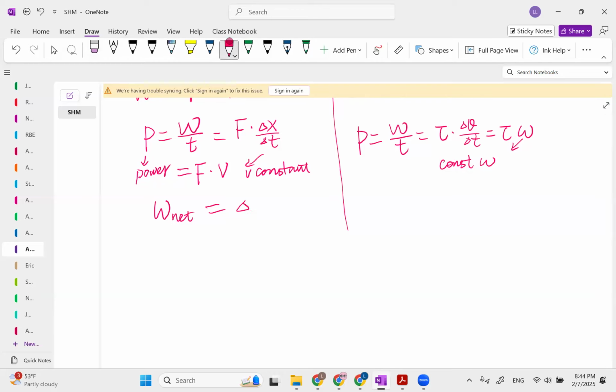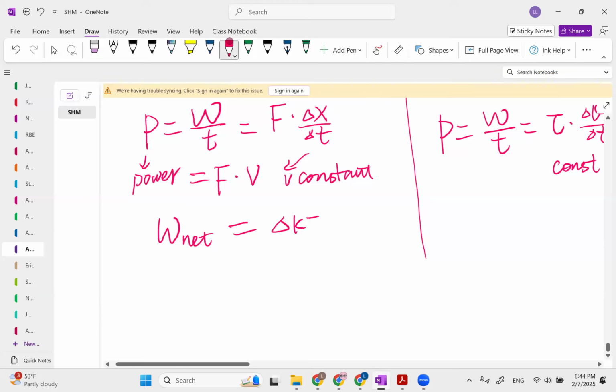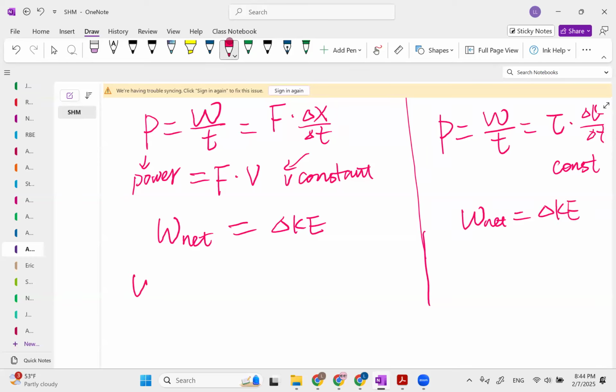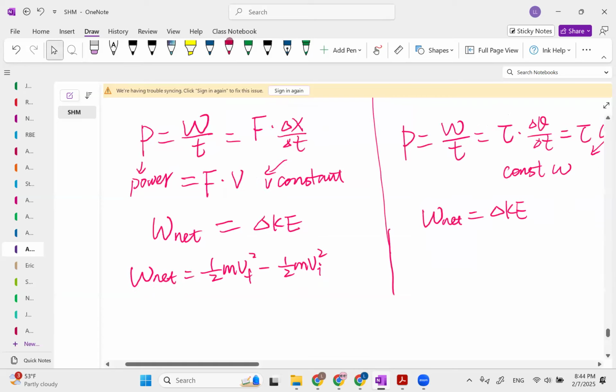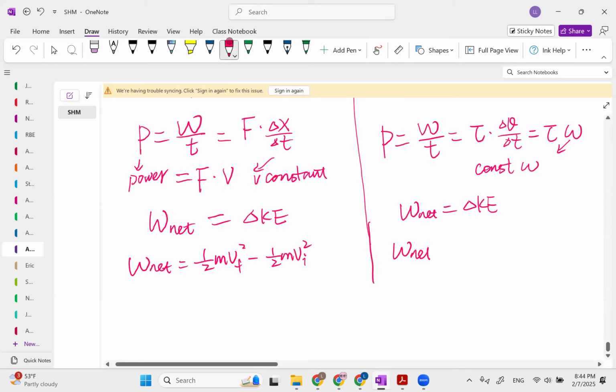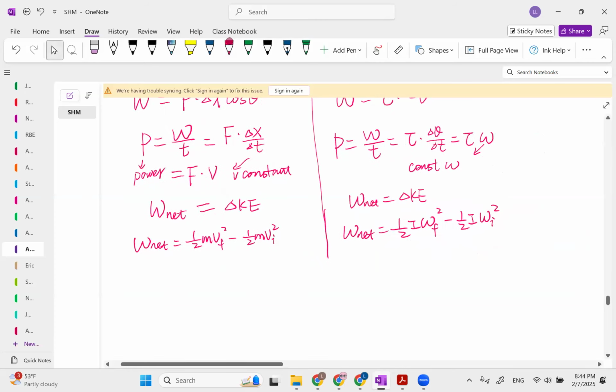You remember the work-energy theorem. Net work equals change in kinetic energy. So you will get net work will be equal to half m v final squared minus half m v initial squared, right? And then you will get net work equals half I omega final squared minus 1/2 I omega initial squared, right?